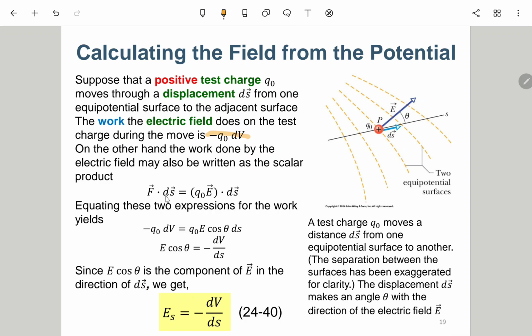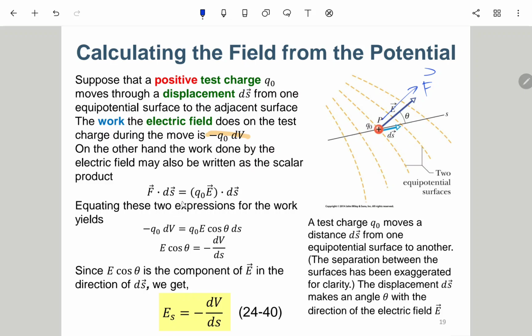F equals q0 times E, because we have an E field here and this is a positive test charge, so F should also point in the same direction. So we have q0 E dot ds as the work done. These two work done should be the same thing.